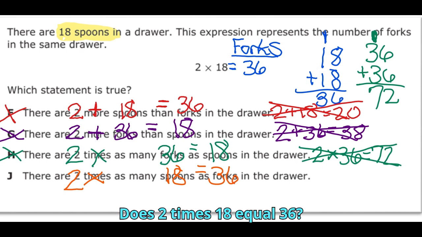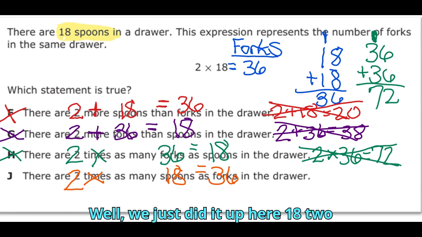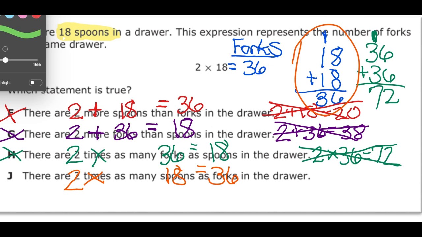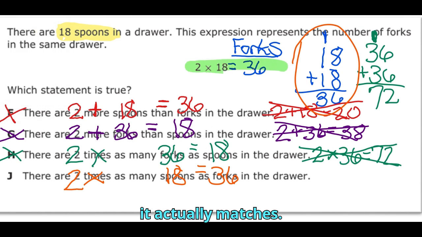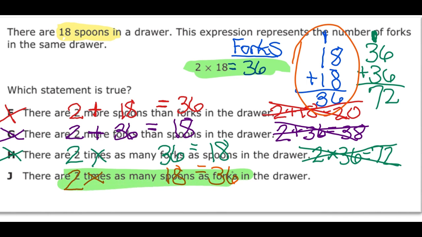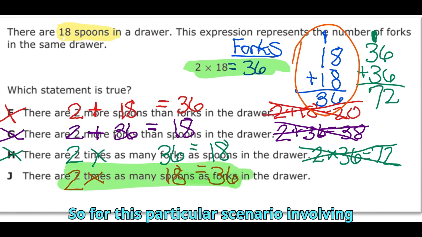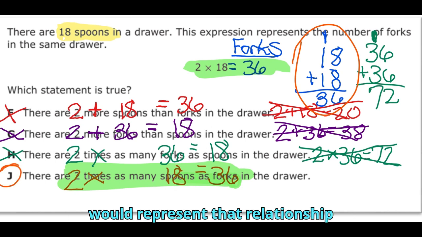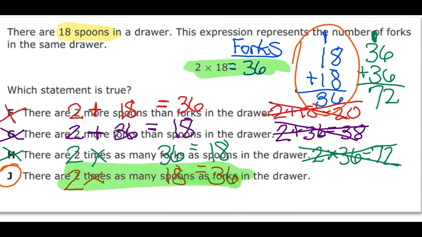Does 2 times 18 equal 36? Well, we just did it up here. 18 2 times. It does equal 36. And as you can also see, it actually matches with the expression that we got. So for this particular scenario involving spoons, answer choice J would represent that relationship correctly.